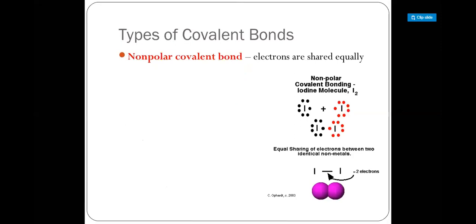Among the types of covalent bond we have already studied, in non-polar covalent bonds, electrons are shared equally.